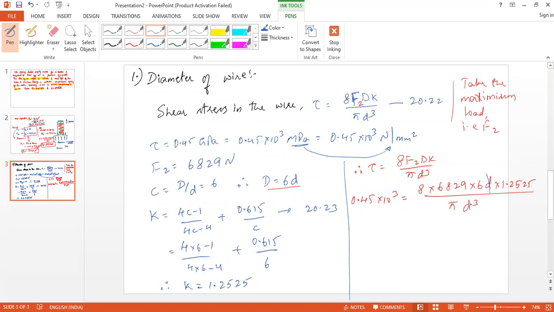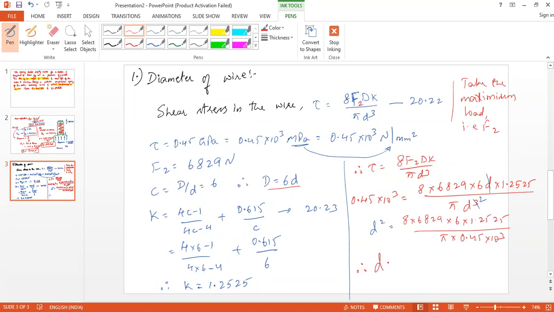Here this d will get cancelled and this will become d square. So d square is equal to 8 into 6829 into 6 into 1.2525, that divided by pi into 0.45 into 10 power 3.